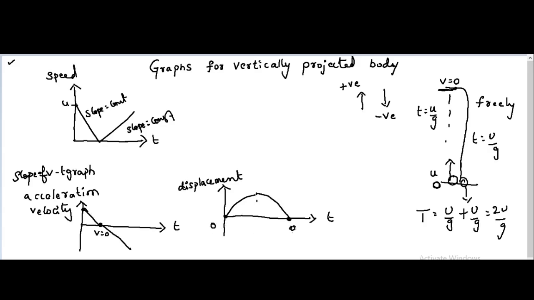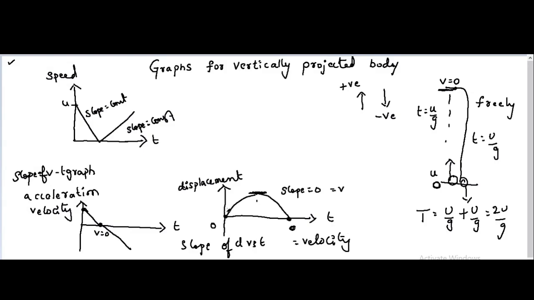At the greatest height, the slope is 0, that means velocity is 0. In a displacement versus time graph, the slope is equal to velocity.